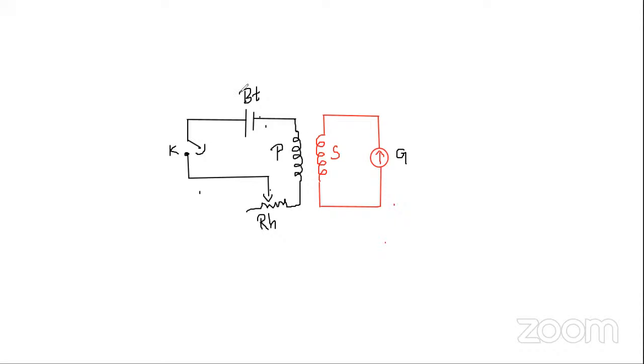Here, the battery is connected to the primary coil, and you have a secondary coil connected with a galvanometer. Will there be any deflection in the galvanometer when the primary coil carries some current due to the presence of this battery? Can you tell me?